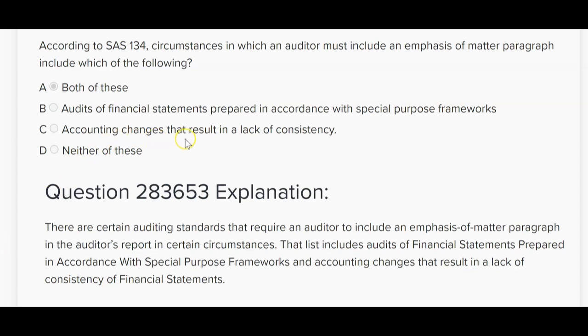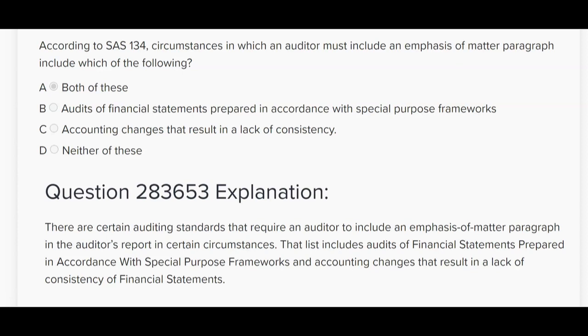How about for accounting changes that result in a lack of consistency? Yes, because consistency of reporting is implied in the audit report. That means the auditor doesn't express consistency unless there's a problem, unless there's a lack of consistency, and that's what you have here, where you have accounting changes.